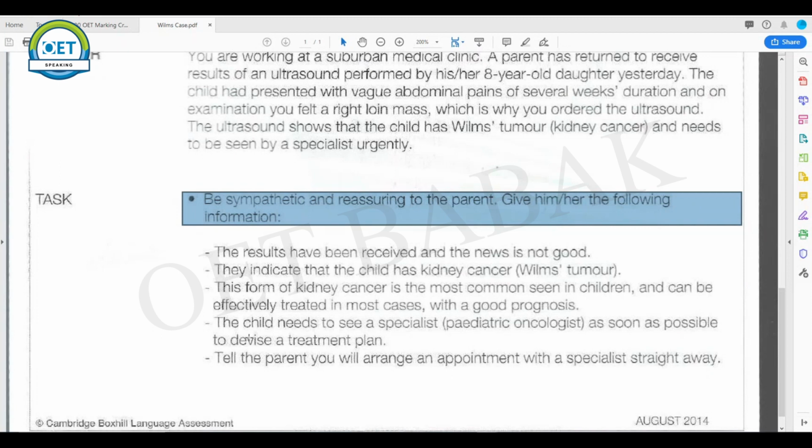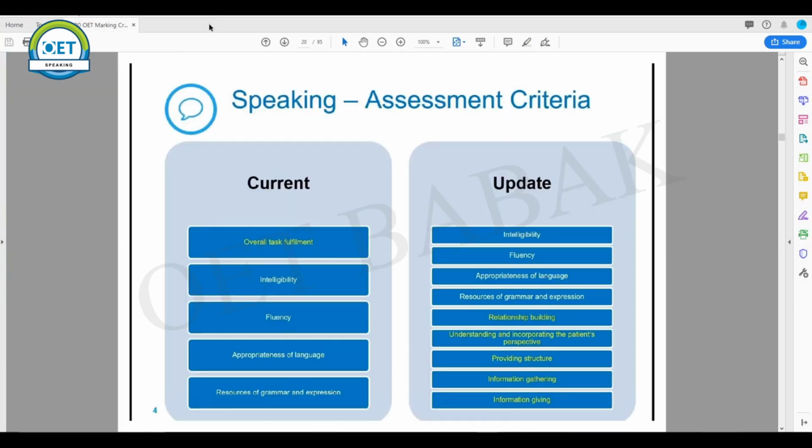This is very important to understand, that if you see any cards that just tell you be sympathetic and reassure the patient, it is an old version, and I will tell you why.